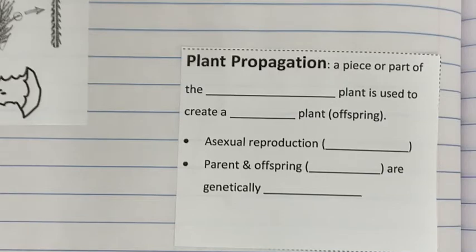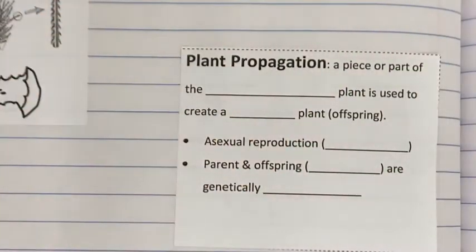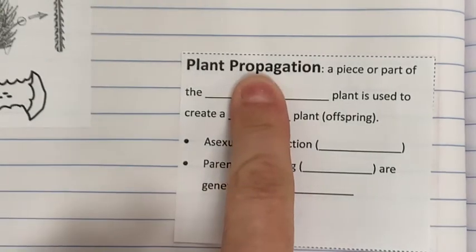It's really cool. There are other plants like potatoes. You chop a potato up into pieces, and you put those pieces in the ground, and each one of them becomes a new potato plant. So lots of different ways that plants can propagate, okay?